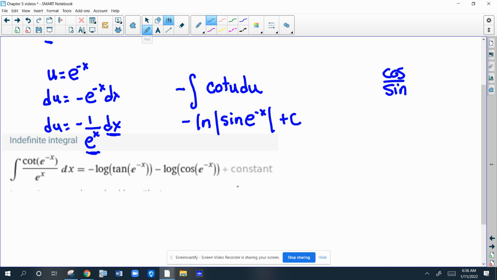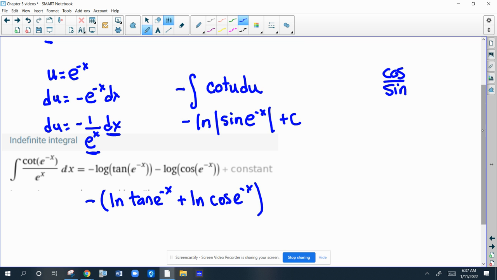It's probably properties of logs. So the first thing I'm going to do is factor out a negative here on Wolfram Alpha's answer and change these logs to ln's as we're more familiar with. So tangent of e to the negative x plus natural log of cosine of e to the negative x.